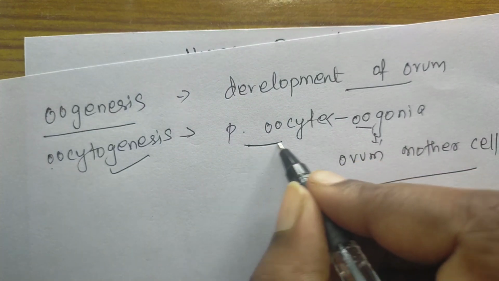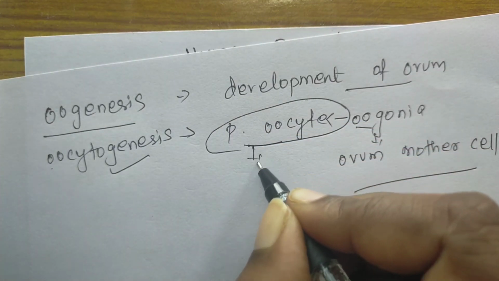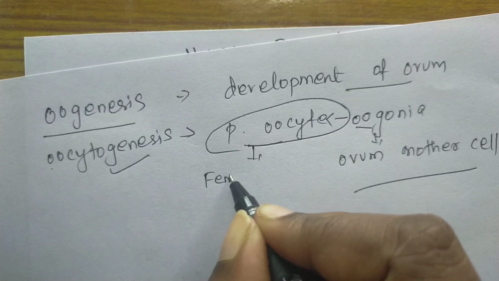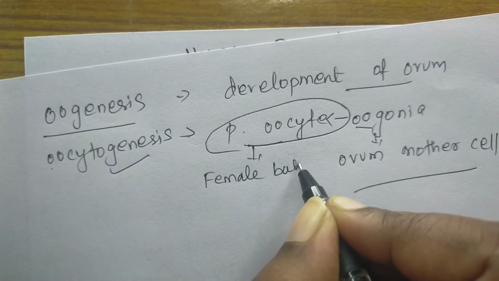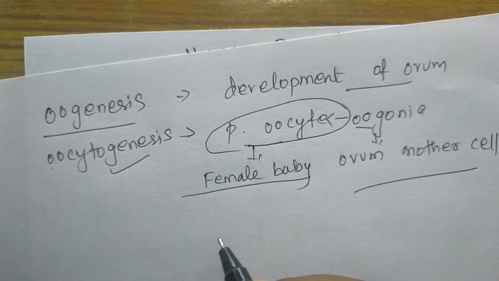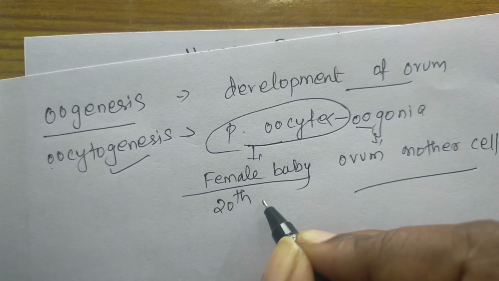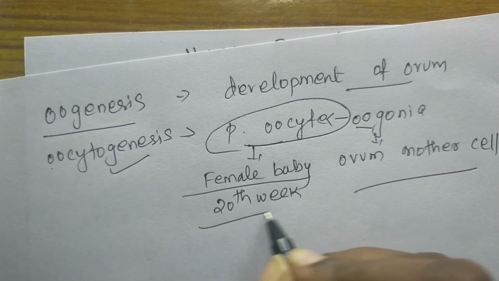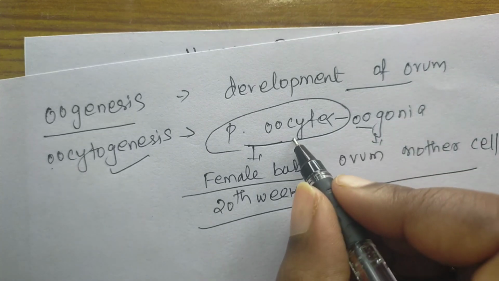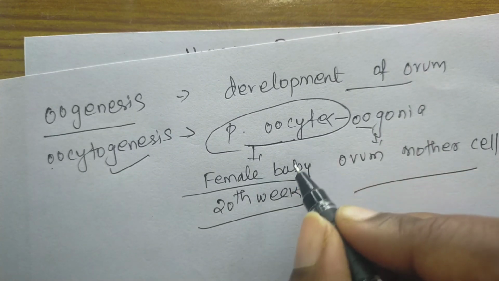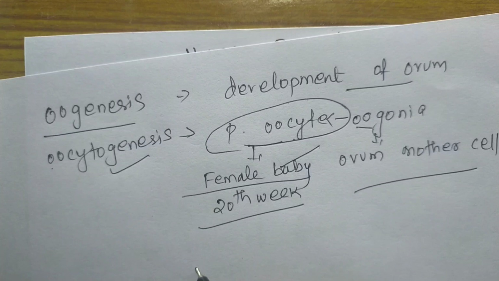The formation of primary oocyte will occur when the female fetus, the female baby, is developing inside the uterus of the mother, at the 20th week of gestation. So during the 20th week of gestation, the primary oocytes are formed inside the female baby's ovary.